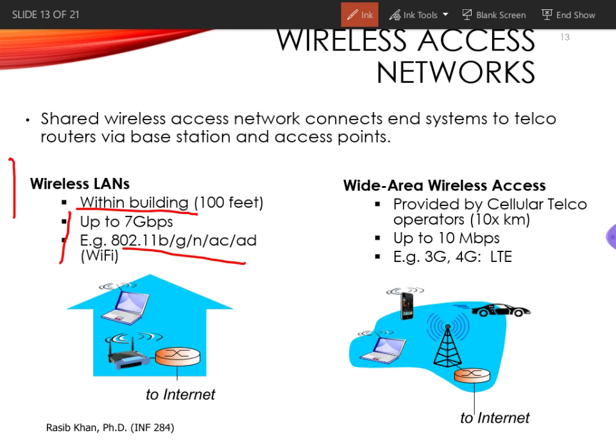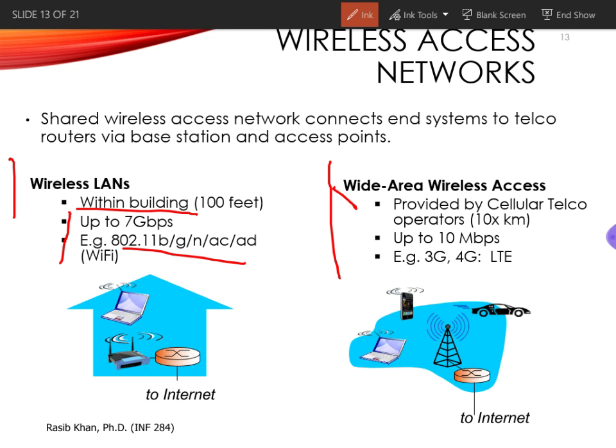On the other hand, there are also other modes of wireless access networks to provide end users the connectivity to the internet, and they are provided by wide area wireless access providers. Most commonly, if you are using internet from your phone, using data and not connected to the Wi-Fi, you are a part of the wide area wireless access network.